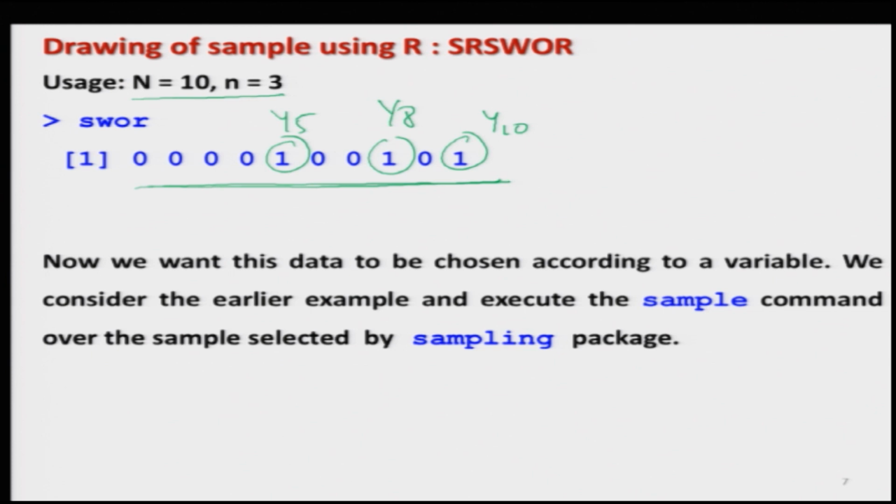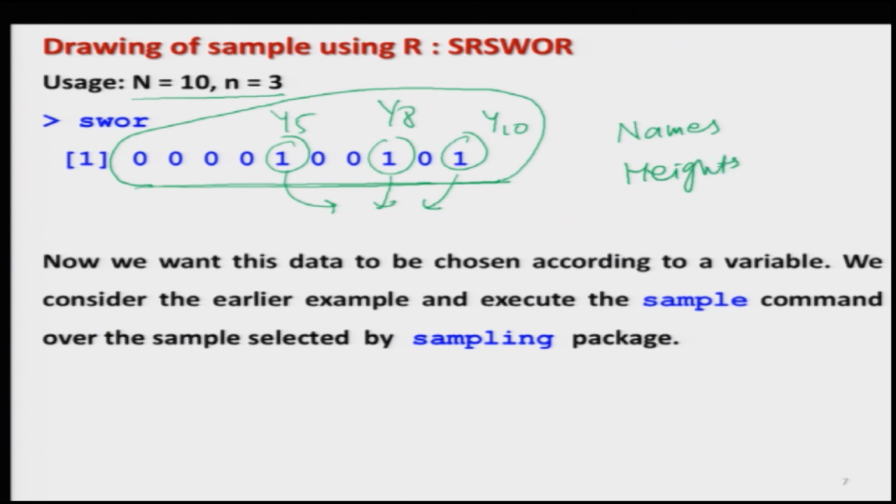SRSWR, and based on that I would like to see what are the units corresponding to a given variable name. For example, I have considered in that example 2 variables, names and heights. So now I am choosing the 5th unit, 8th unit and 10th unit.